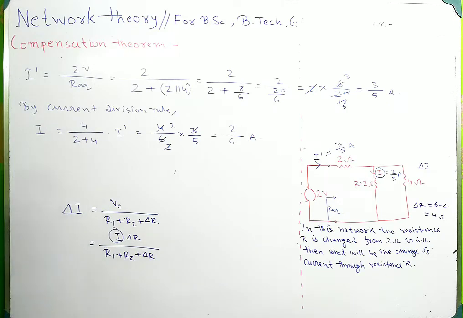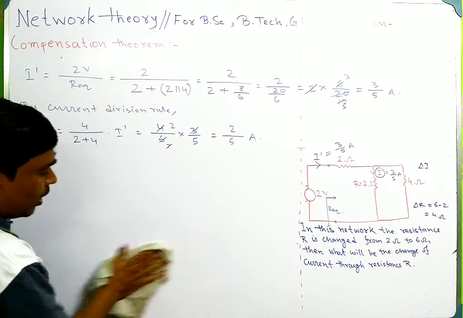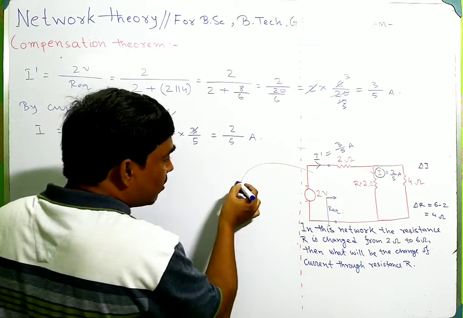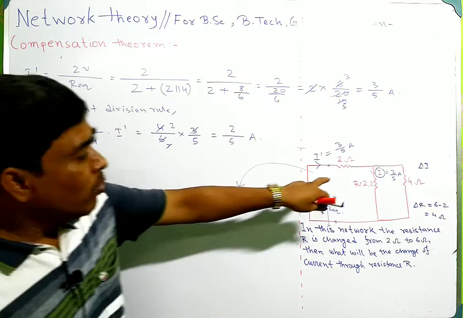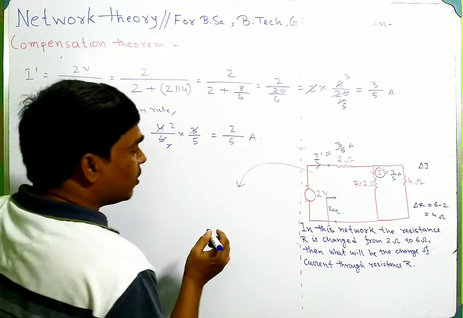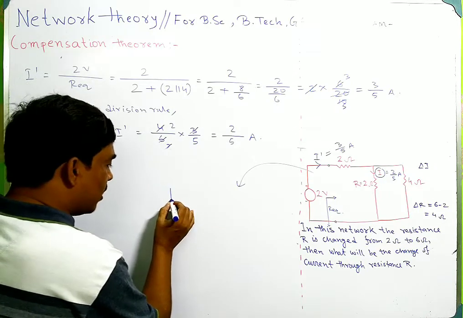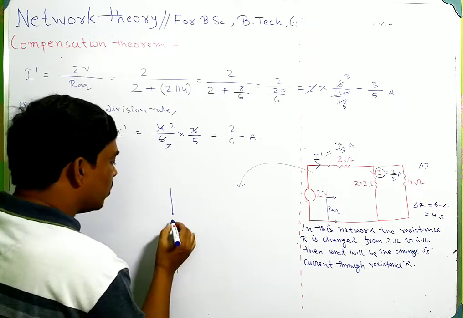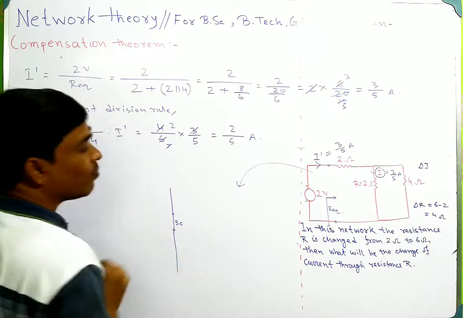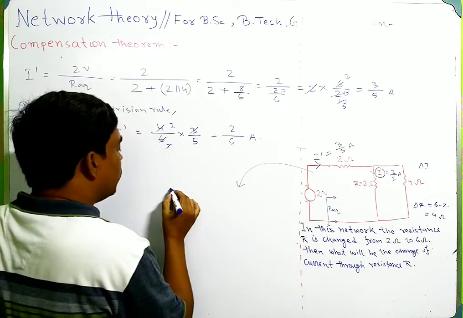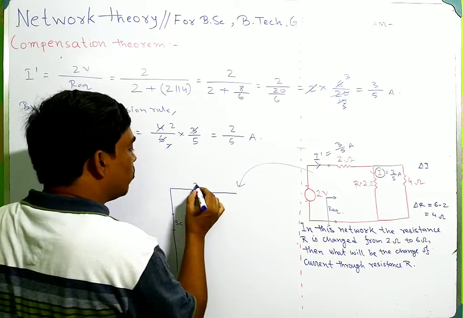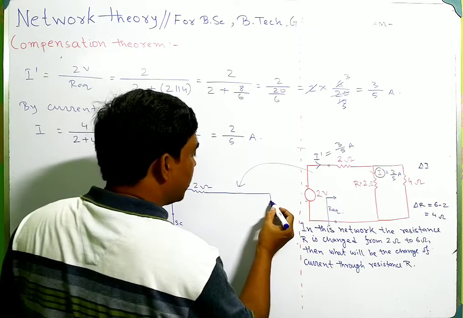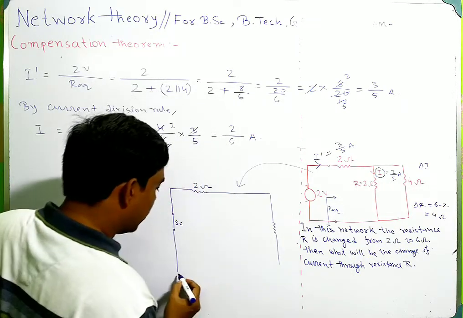Now you have to apply the compensation theorem. So how to apply this compensation theorem to this network? Compensation theorem states that the voltage source must be short circuited. So this is the voltage source, this is short circuited. Okay, the 2 ohm resistance remains the same, and this 4 ohm resistance must remain the same.